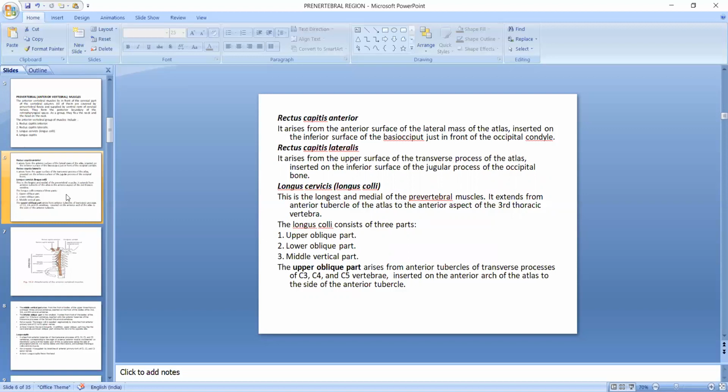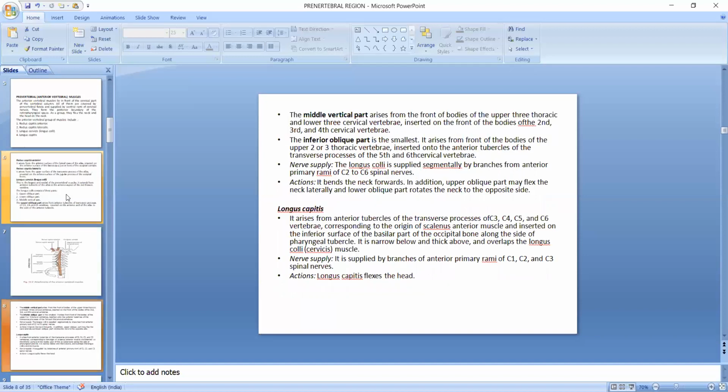The longus colli consists of three parts: upper oblique part, lower oblique part, and the middle vertical part. Upper oblique part arises from anterior tubercles of the transverse processes of C3, C4, C5 vertebrae and is inserted on the anterior arch of the atlas to the side of anterior tubercle.